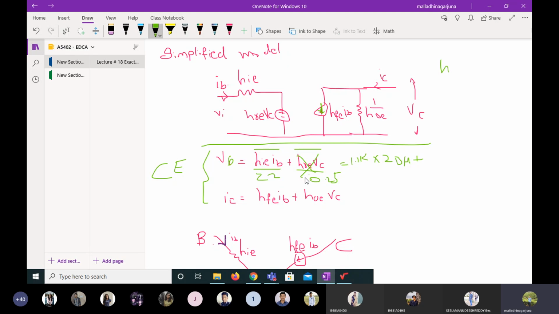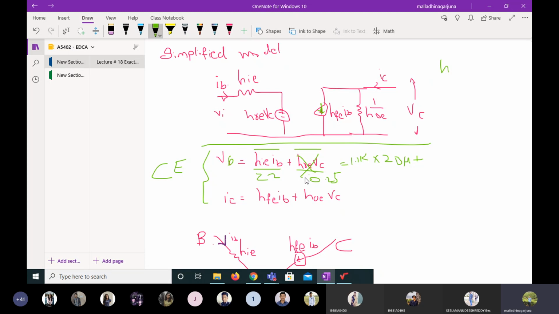That's the reason I'm taking the simplified model. Simplified model means I'm taking some approximations, so we can eliminate some parameters or components which do not show much effect on your output. For HIE into IB, it's giving 22 milli, but HRE into VC is giving only 0.25. You just compare.